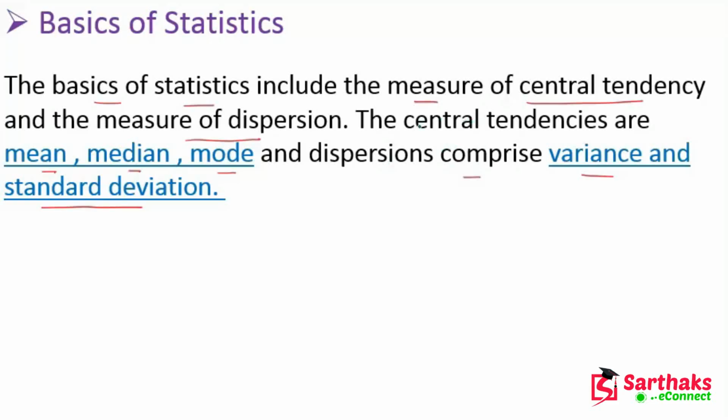In this chapter we will discuss only central tendencies like mean, mode, and median. Variance and standard deviation you will learn in the next class. I hope you get this point.